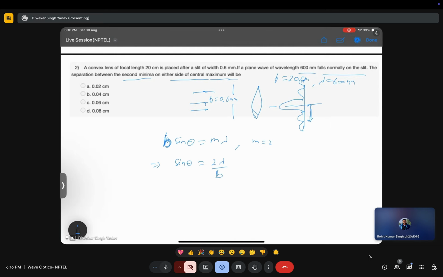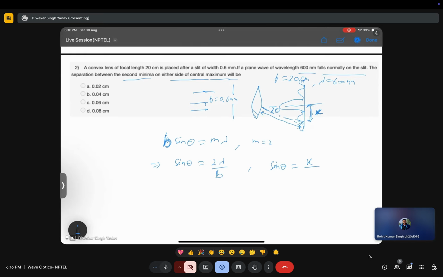So the angle we know, but how to calculate this distance? Trigonometry. This is the theta. Let's call the distance we have to find x. So sine theta is basically x by this distance.